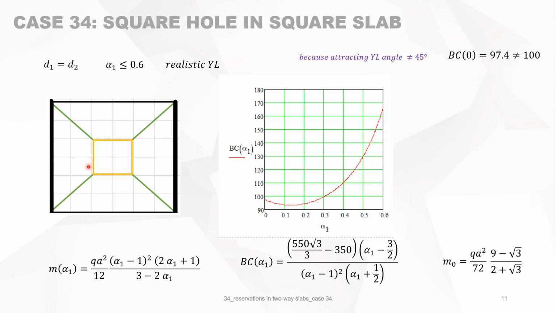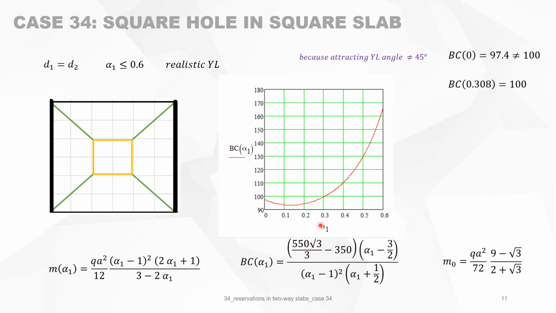And the formula that we got here is calculated with the tracking yield lines directly. So that's why there is a difference for alpha 1 equals 0, because it's the difference, in fact, between the choice of tracking yield lines and the choice of the 30, 45, 60 rule.